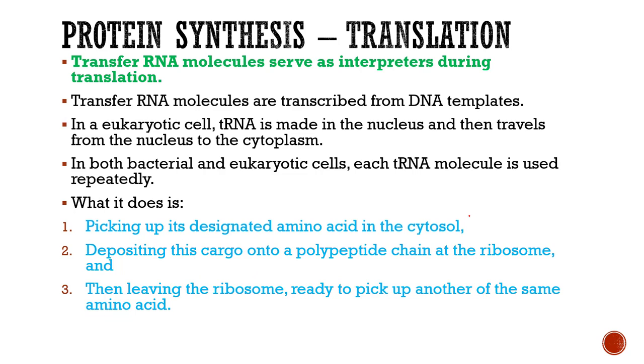So this is its function: picking up an amino acid, bringing it to the translation machinery, adding it to the growing polypeptide chain. The transfer RNA doesn't add it itself, but it is added to the growing polypeptide chain. So the transfer RNA becomes free when its amino acid is added to the polypeptide chain. So it leaves and carries the same amino acid again if it is required in that particular polypeptide chain.